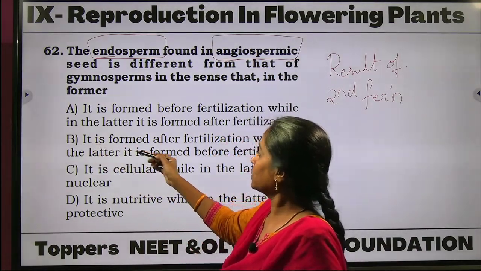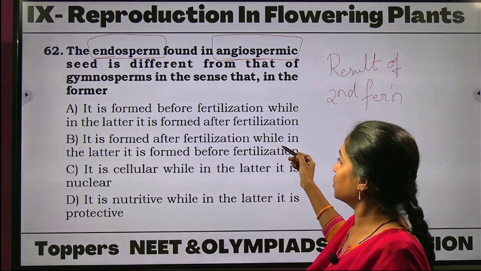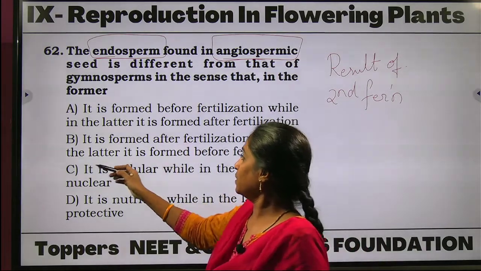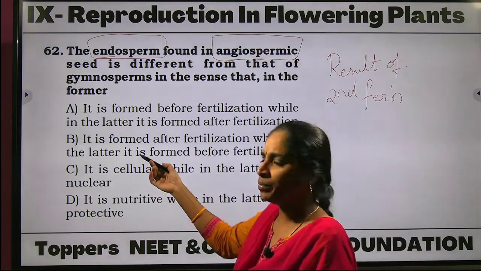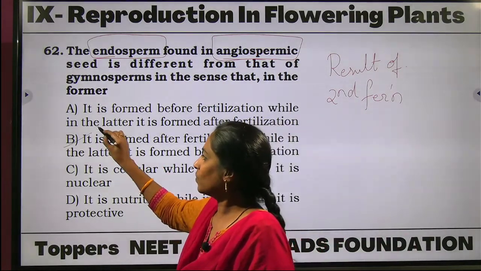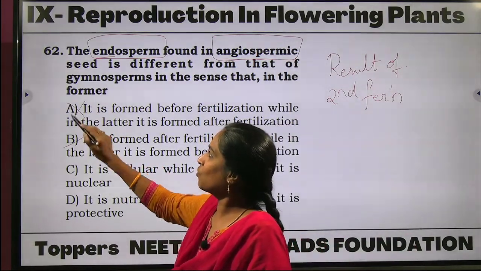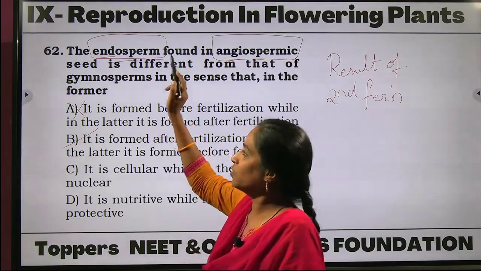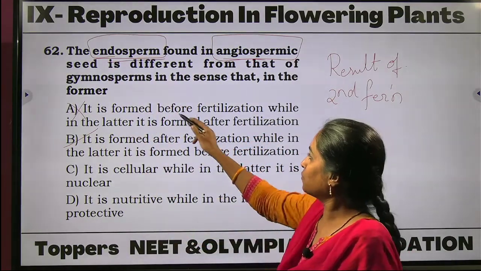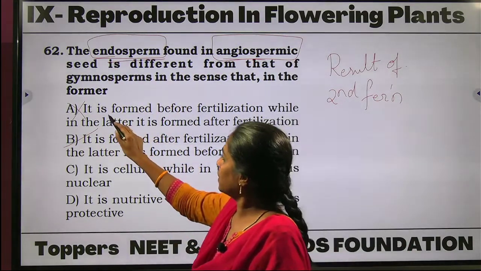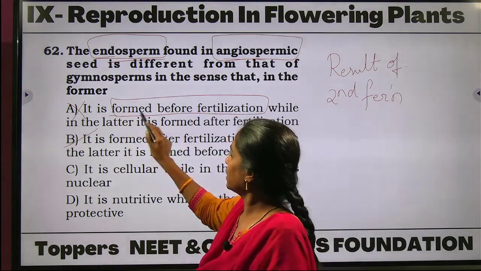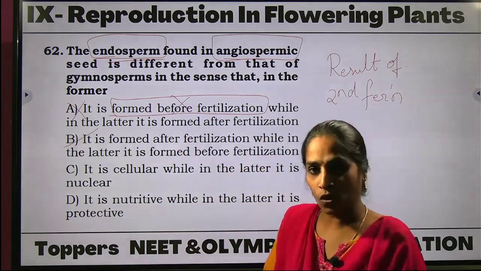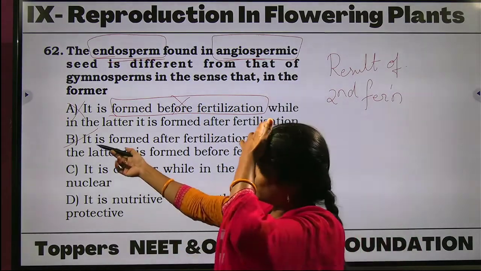Option B: it is formed after fertilization, while in the latter it is formed before fertilization. Option A is wrong because endosperm forms after fertilization, and the first sentence indicates it is formed before. So the second one might be correct.